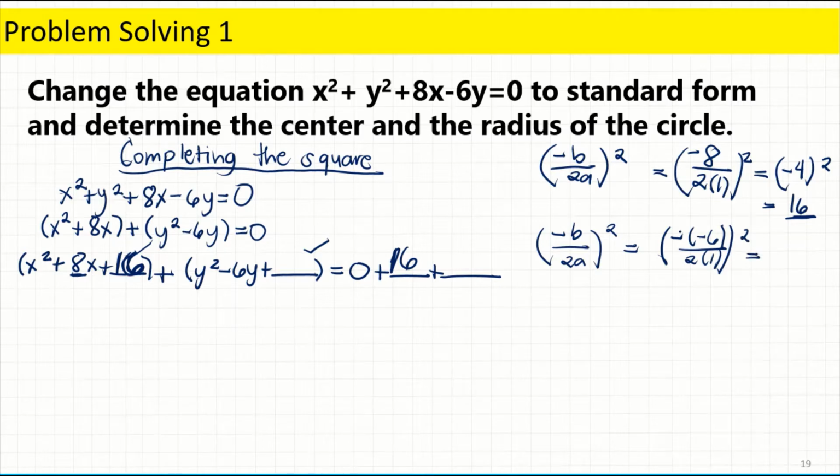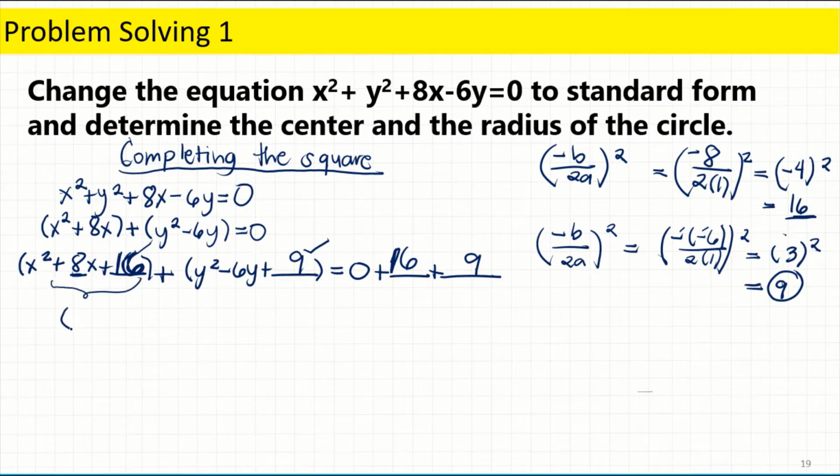Negative times negative equals positive 6, and 6 divided by 2 is equal to positive 3. Squaring it, 3 times 3 equals 9. So again, we place 9 in the blank on the left side, and also on the right side. Once we have completed our perfect square trinomials, we can factor them.